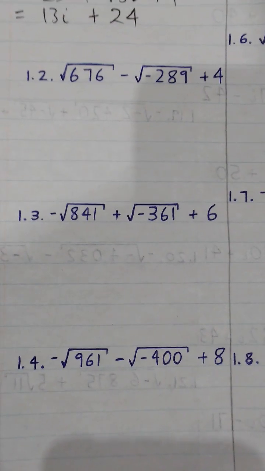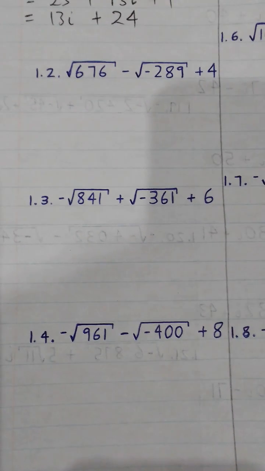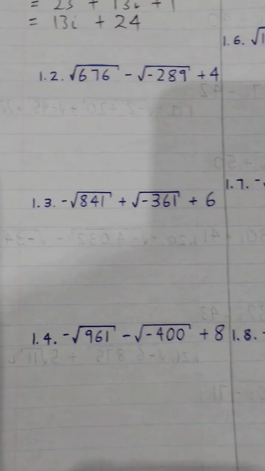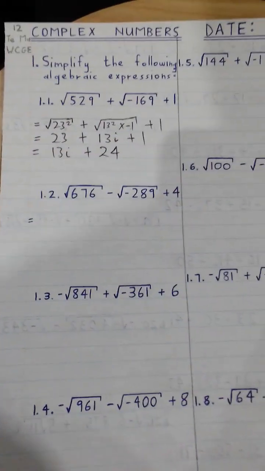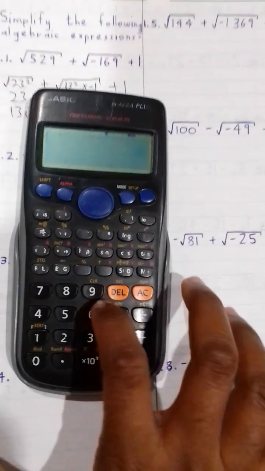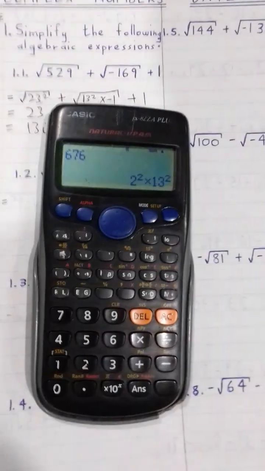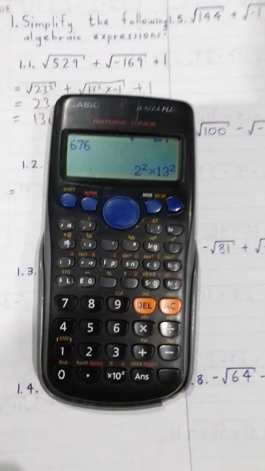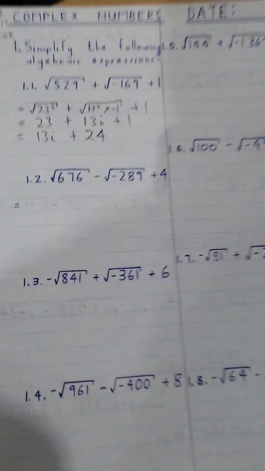1.2 the square root of 676 minus the square root of negative 289 plus 4. So this is going to be 676, 2 squared times 13 squared. So 2 times 13 is 26 squared.